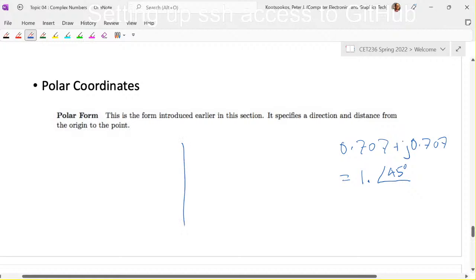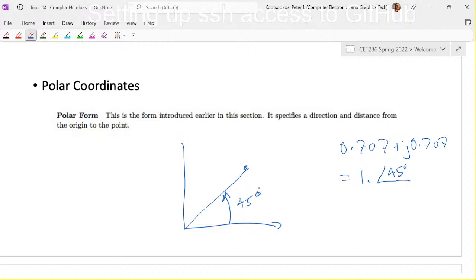So that's the positive angle direction, the counterclockwise direction.